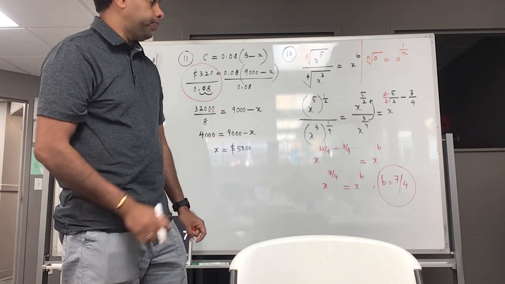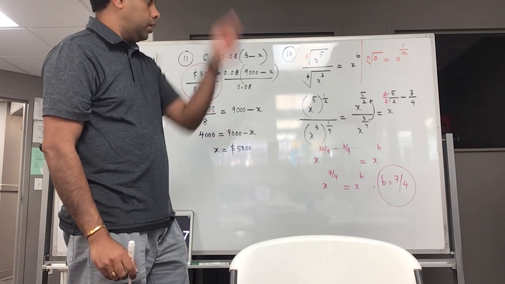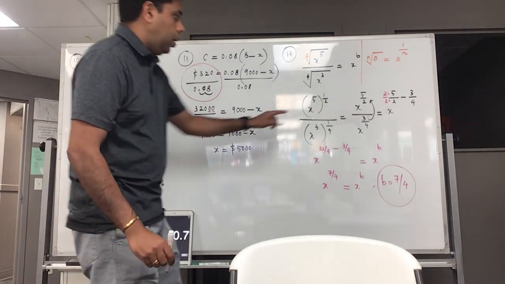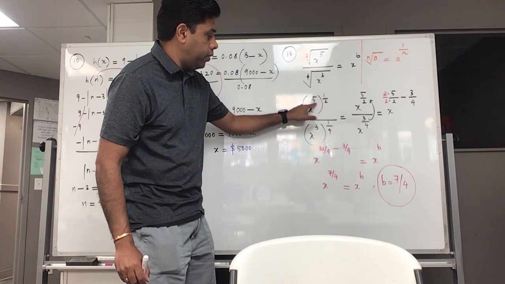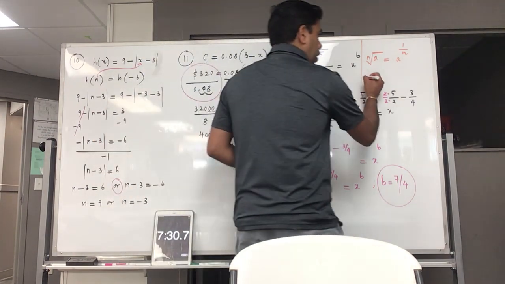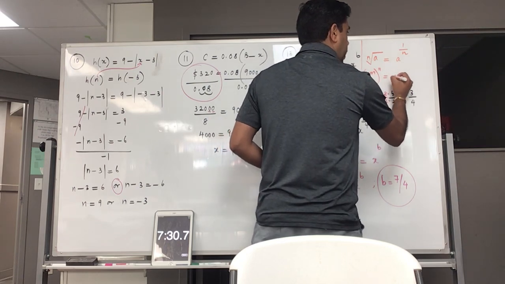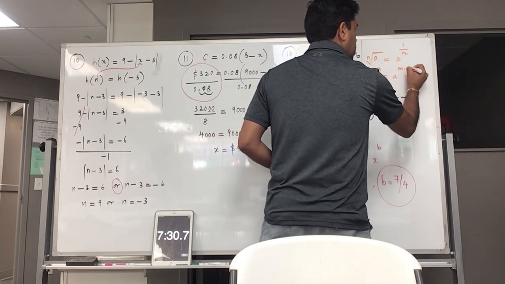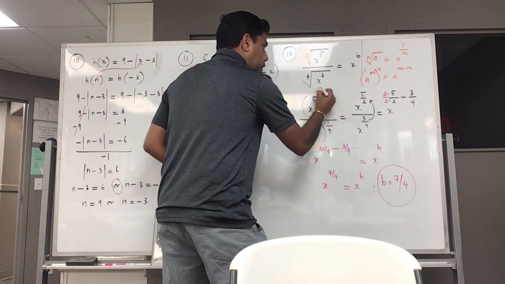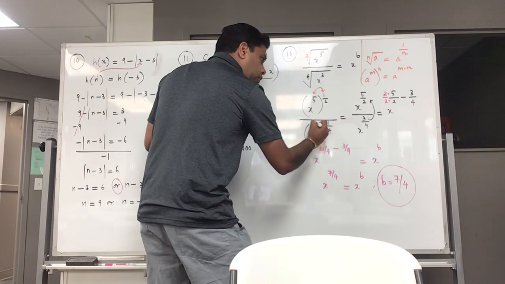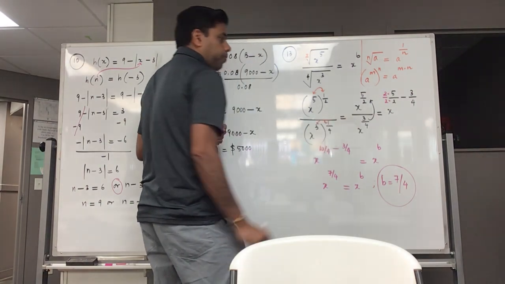Then there's a next formula you have to know: a raised to m, raised to n, is equal to a raised to m times n. So these two get multiplied. 5 times half, 5 halves; 3 times 1/4, 3/4.